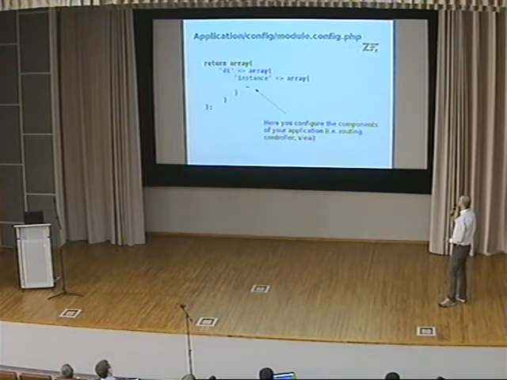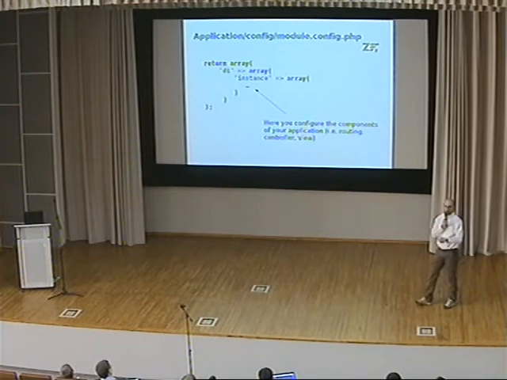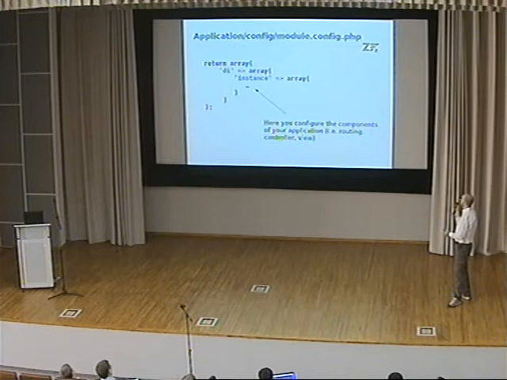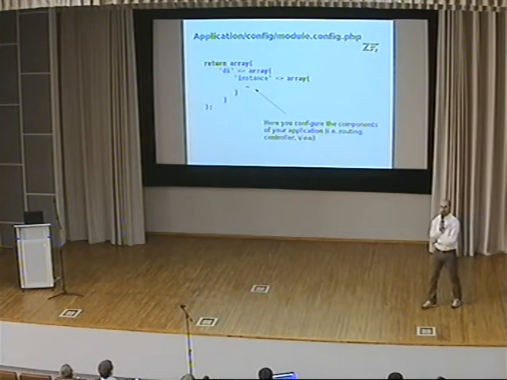And of course, each module has the DI specification. Here we have the module application under the folder config. This is module.config.php. Basically, here we have an array with the key di, instance, and here you specify all the components for the module, so for the application.